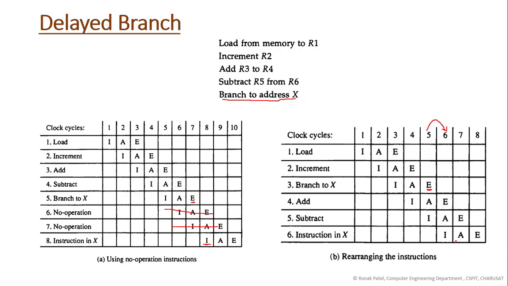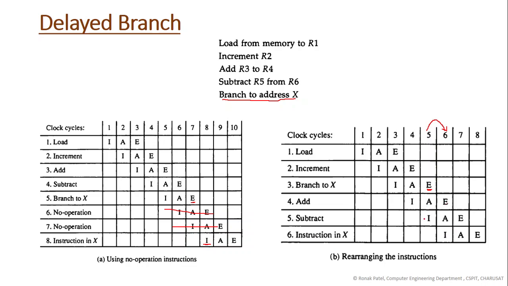This is instruction X. But now you can see this fetch phase is over at cycle 4 for add and cycle 5 for subtract, and then in clock number 6 this instruction is fetched, right?